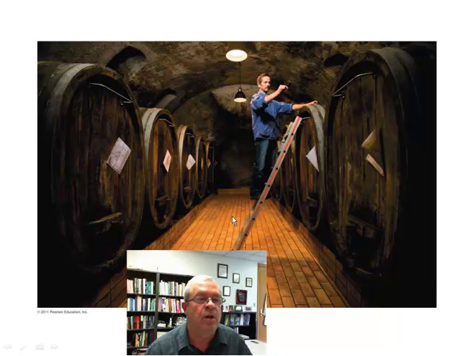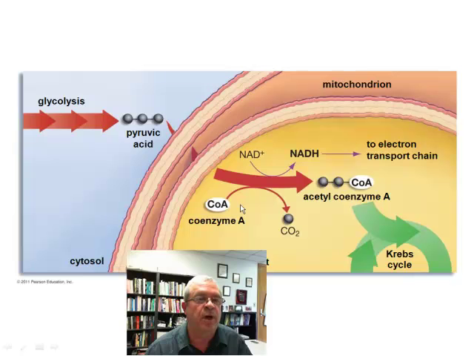Well, alcoholic beverages. There are two products to this process. The pyruvic acid, instead of going in for processing in the mitochondria, goes off in alternate metabolic pathways and produces carbon dioxide and alcohol.